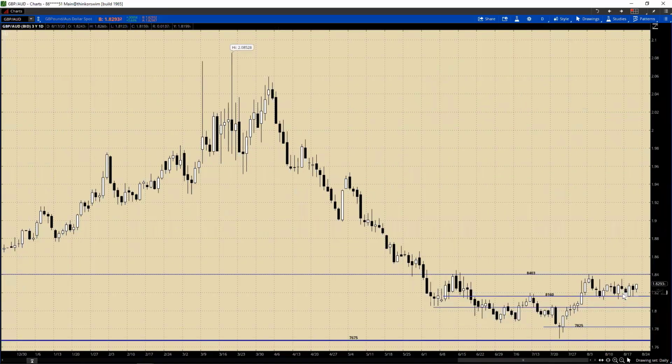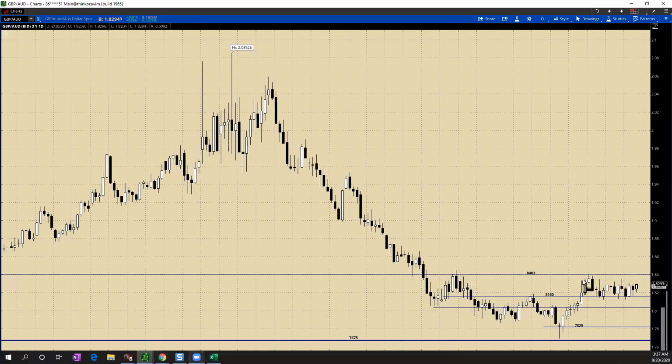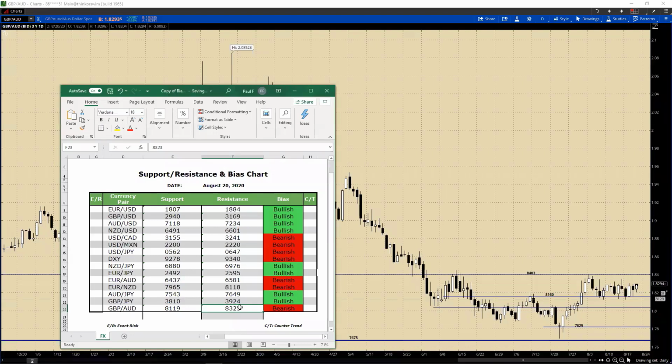Still holding here. We're holding up here so well that it looks like we want to open ourselves up to a move up here towards this 84.03. But for right now, resistance is going to be right there, 83.49. And support is going to be 81.60.